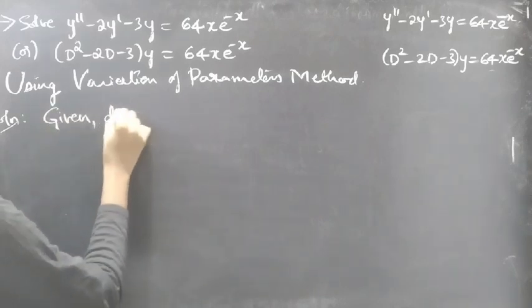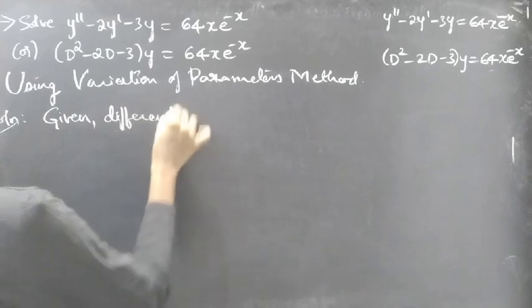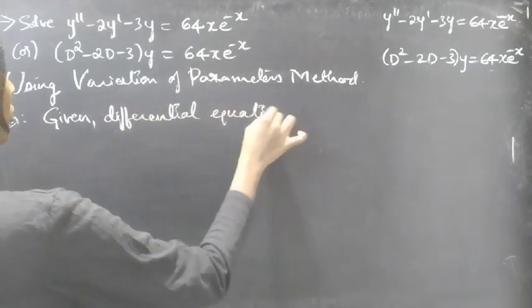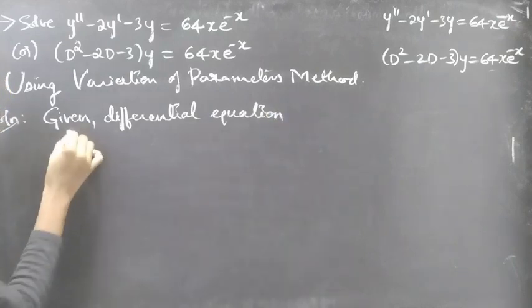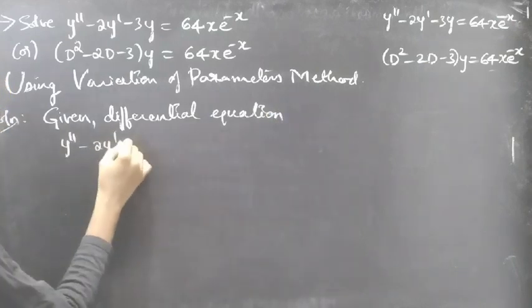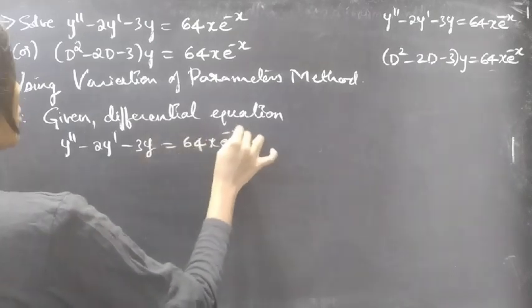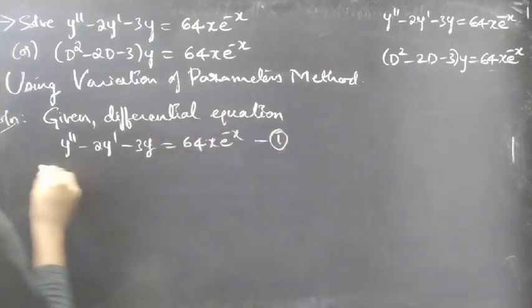Given differential equation: y double dash minus 2y dash minus 3y equal to 64x e power minus x. Consider as equation 1.